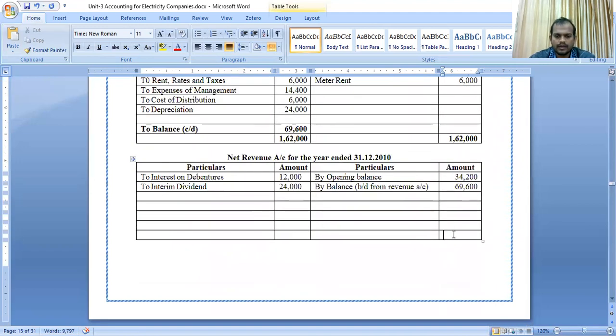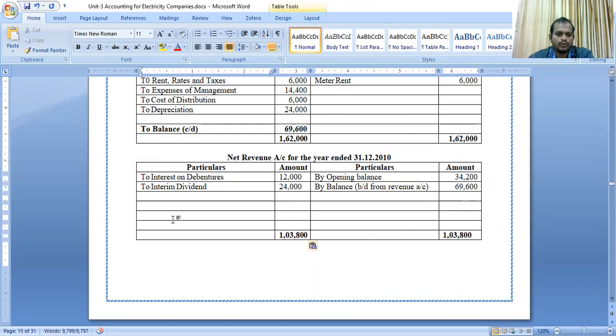So we'll finalize the balances. So this one is 1,03,800. So whatever the balance, this balancing figure we have to transfer it to the carry forward to the general balance sheet.